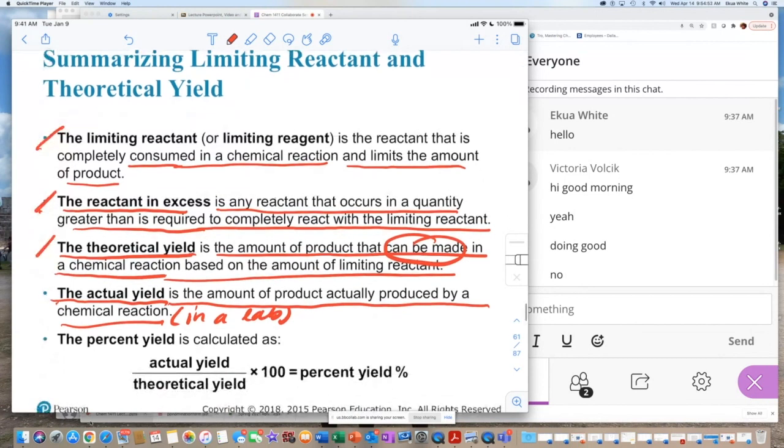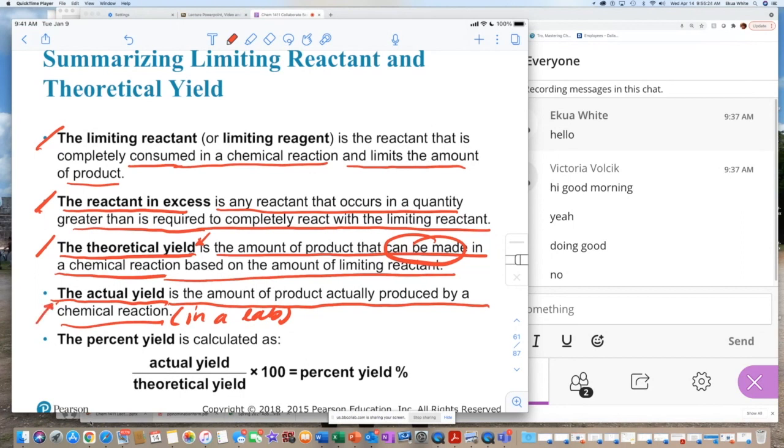You're experiencing working in a wet lab, so you know that sometimes you make mistakes, and if you make a mistake, you're most likely not going to get a theoretical yield, because theoretical yield assumes perfection. The chemicals are in perfect condition, they don't have any impurities, the chemical process is done perfectly, and then you get exactly what you were supposed to get. That will be the theoretical yield.